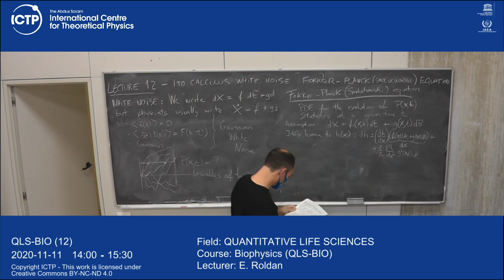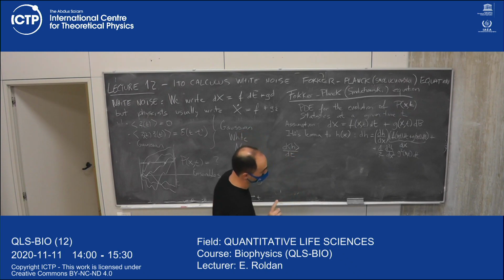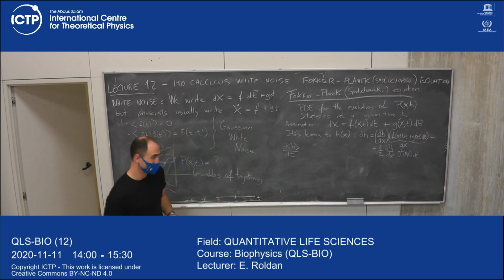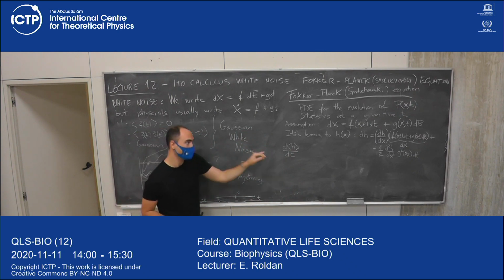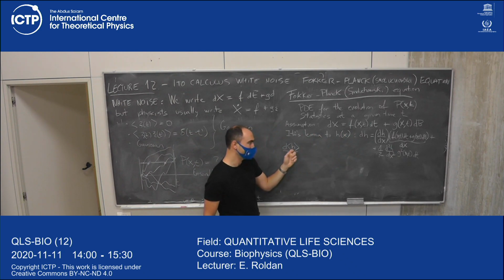Now, what I'll do is compute this quantity. I'm taking the average of h of x. Remember, h depends on x, and x is stochastic, so h is stochastic. I take the average, and I take its derivative with respect to time.